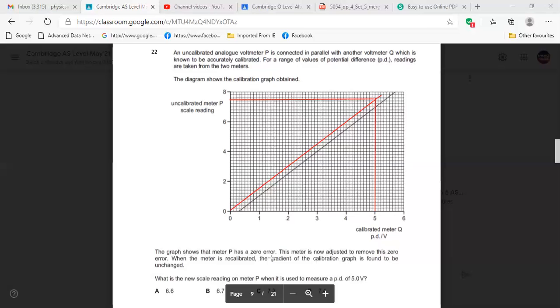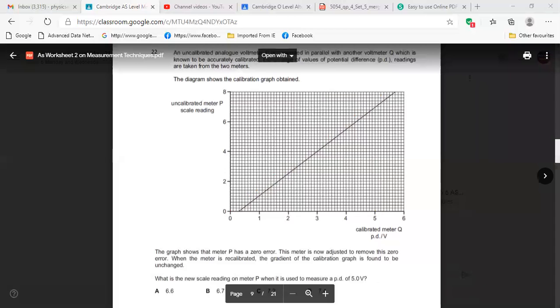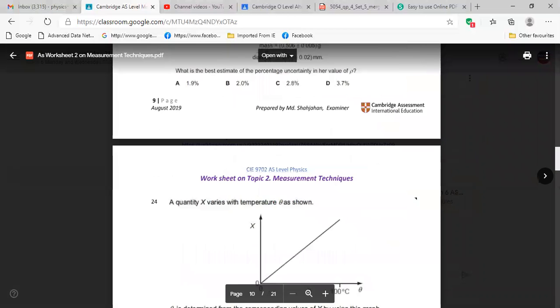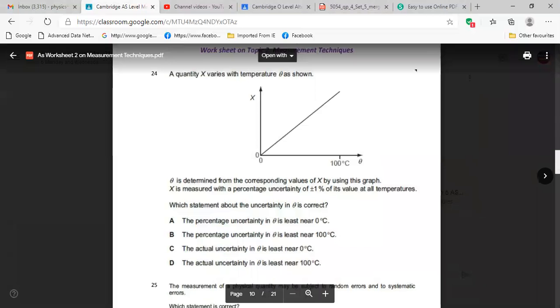Okay. Now we are continuing. Next one. Let us check question number 24. This is a little bit tricky question. Concept is easy, but little bit tricky there. Can you read question number 24?